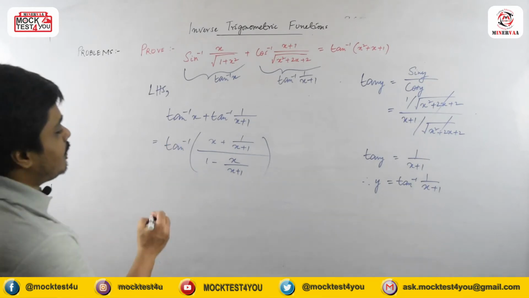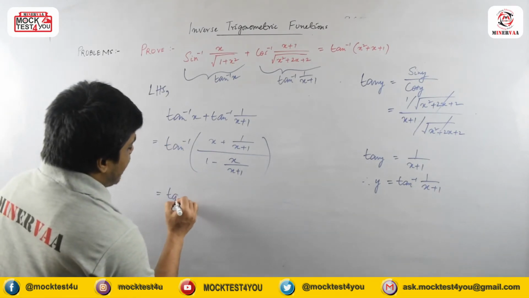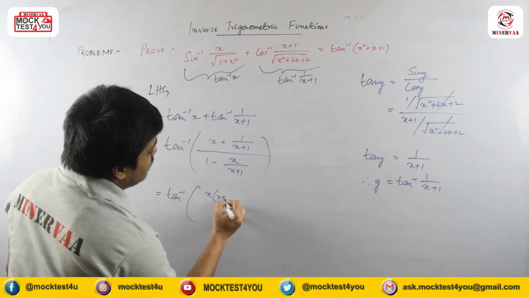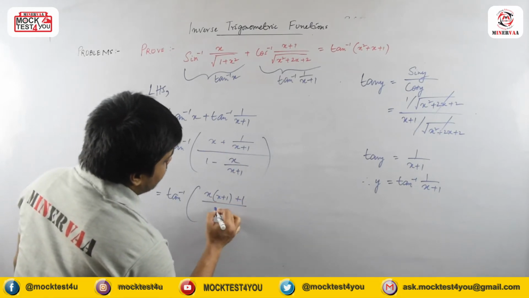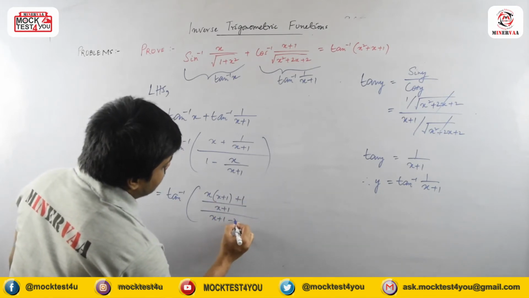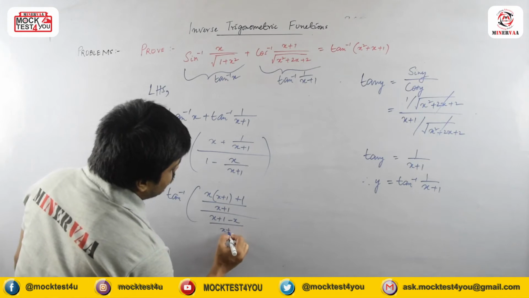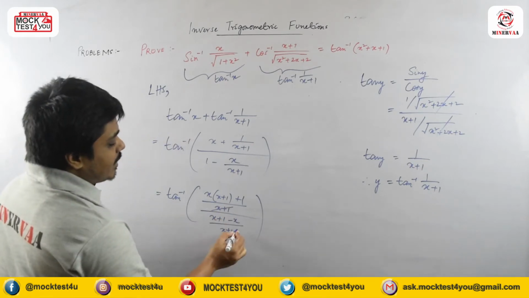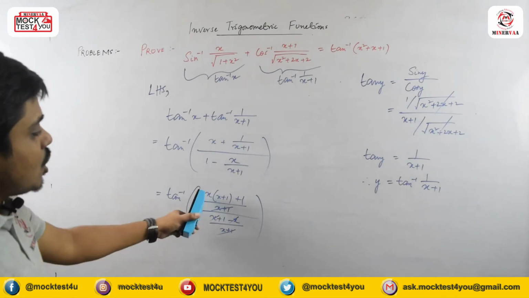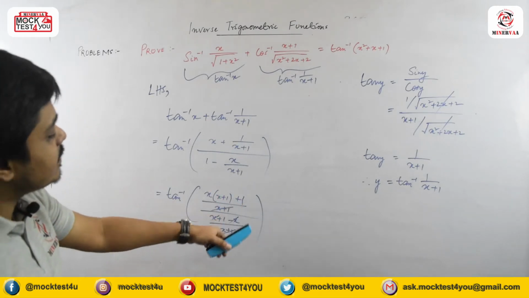Now let us do the LCM. What we have is tan inverse, numerator we have x into x plus 1 plus 1 divided by x plus 1, and denominator we have x plus 1 minus x divided by x plus 1. So this x plus 1 will get cancelled. This x minus x and x will get cancelled. So what we have is x square plus x plus 1.